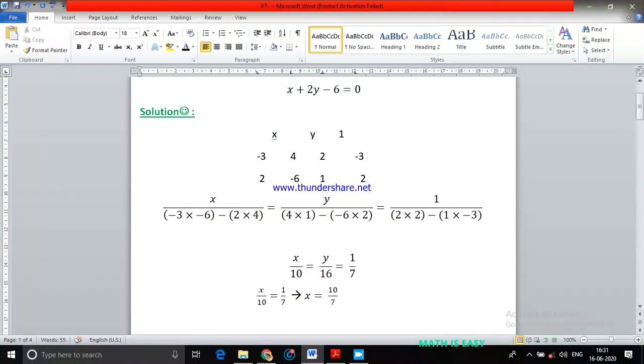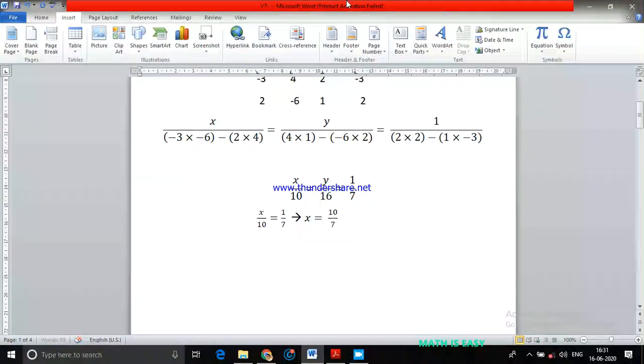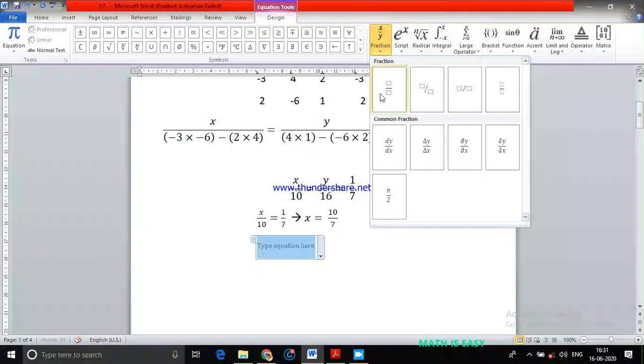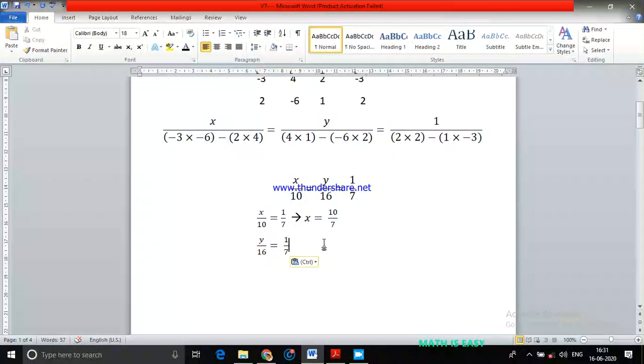Now similarly in the second case also I can write, so here I'll get y upon 16 will also be equal to 1 upon 7. So what do you get here if I write?